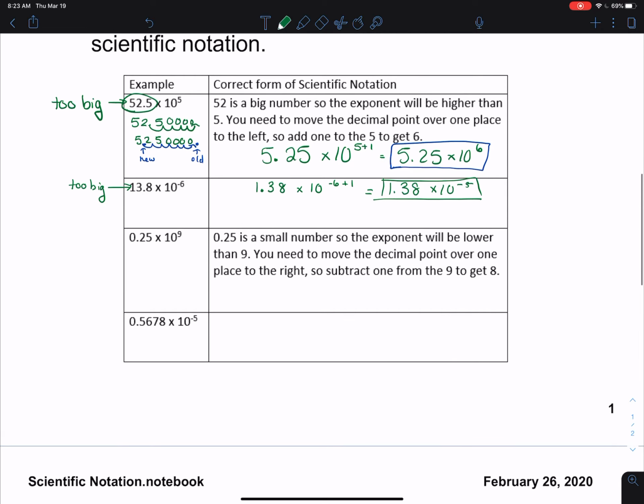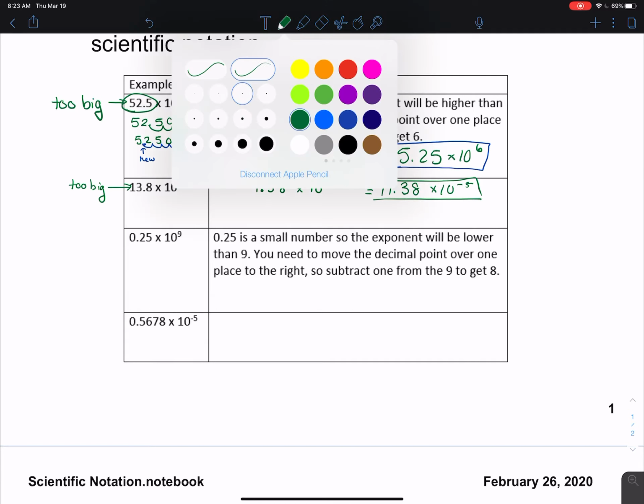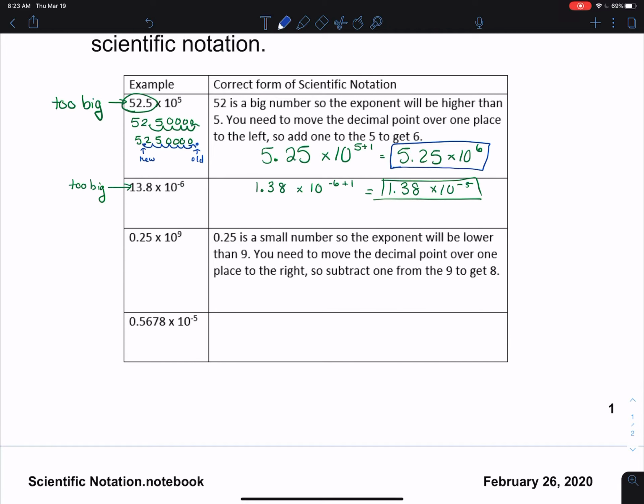Now, if we look at the following two examples, we have the opposite problem. This number at the beginning of our scientific notation, the 0.25, is too small, right? That digit in front of our decimal point has to be 1 through 9. So what that's telling me is I need to think about putting that decimal point in between the 2 and the 5.